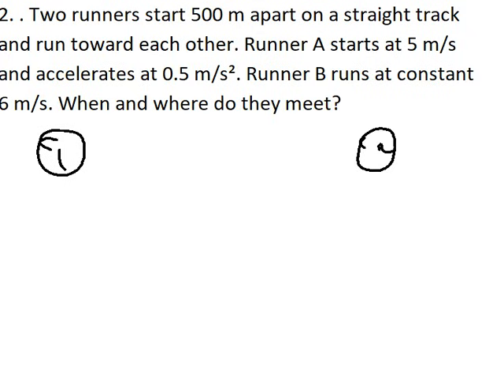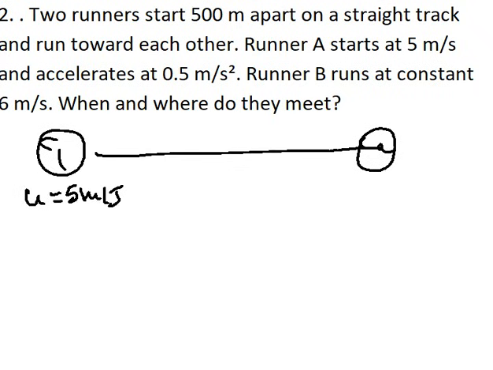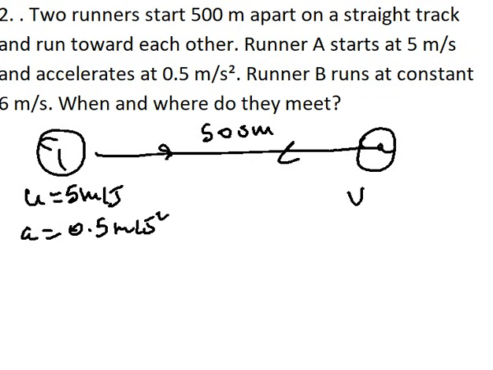Runner A starts with an initial velocity of 5 meters per second, and by the way they are about 500 meters away from each other, with an acceleration of 0.5 meters per second square, and runner B is moving at a constant velocity of 6 meters per second.